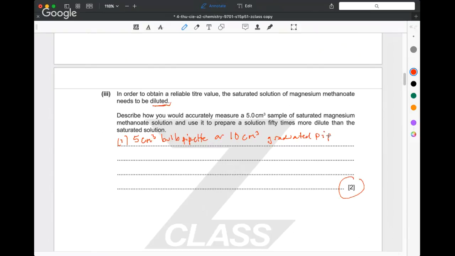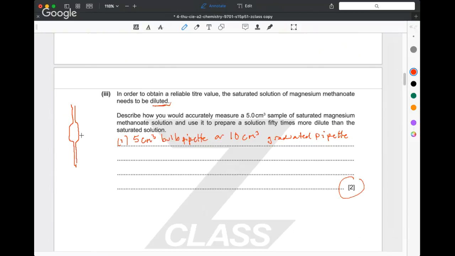Now, my writing's not great and my drawing is even worse, but I'll try and draw what those things look like. So this bulb pipette is something like this. You might have seen these in the laboratory. It has a bulb in there, a long tube, like this. This is a bulb pipette.